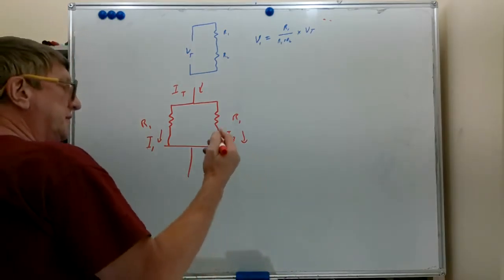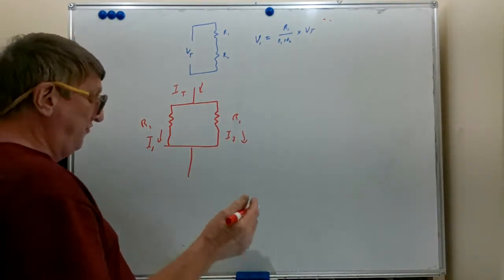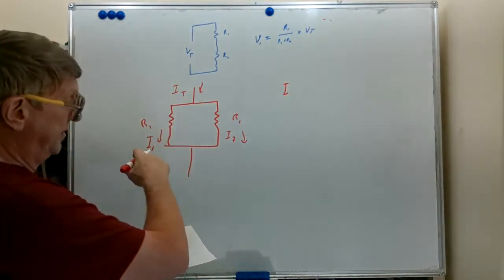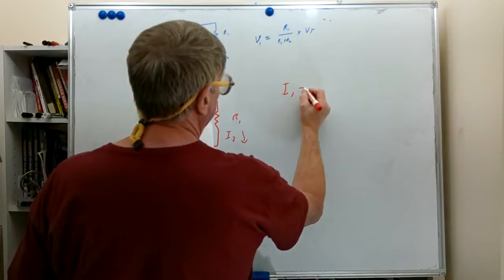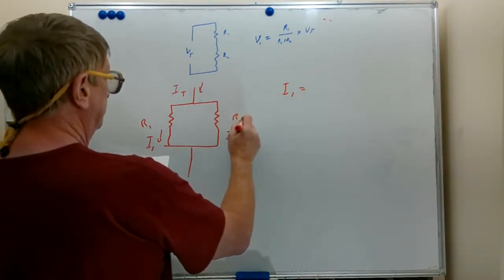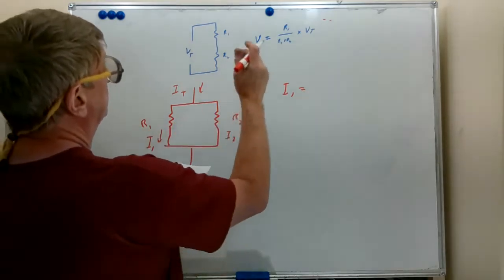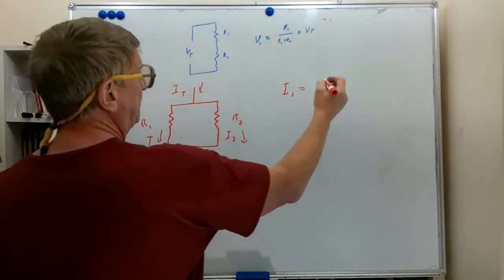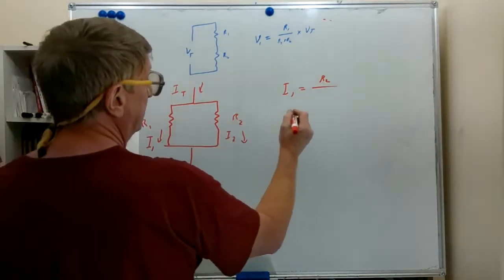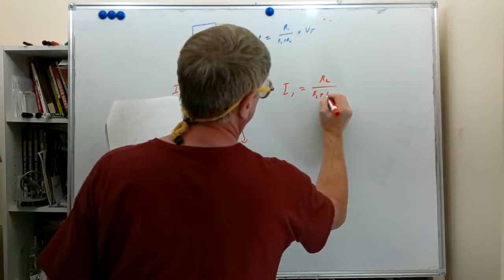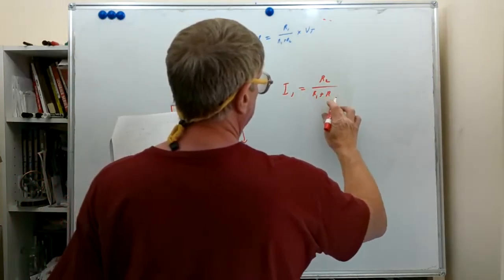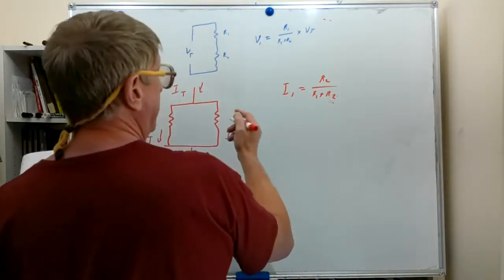So we're using our current divider formula. We discovered that we could find I1, the current here, by taking R2, the other resistor, in the numerator over the sum of the two resistors, and multiplying that times the IT.